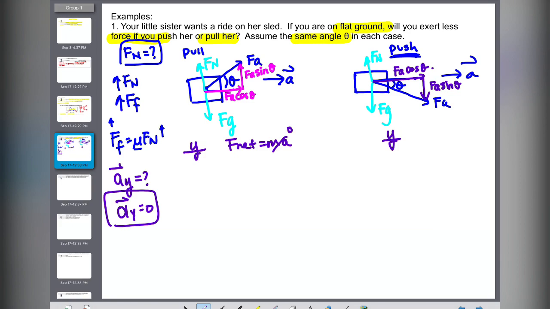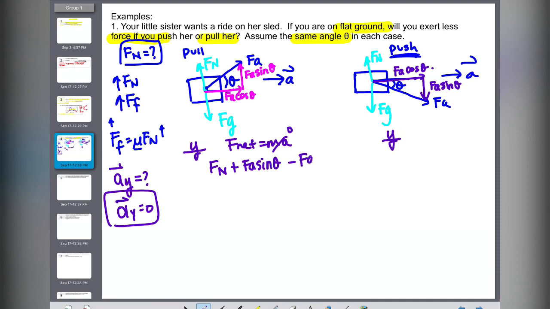Let's take a look at the pull situation. Two forces going up, one force going down. So I'm going to go up minus down. When there is no acceleration, remember, I think this is the 28th time that I've been saying it, it doesn't matter if you say up or down as positive. So I'm just going to go up minus down. Up is Fn.